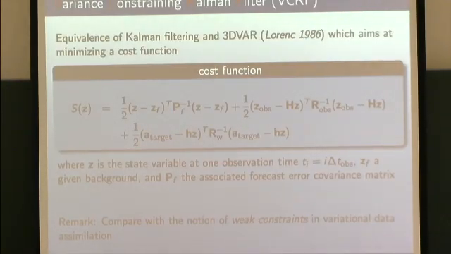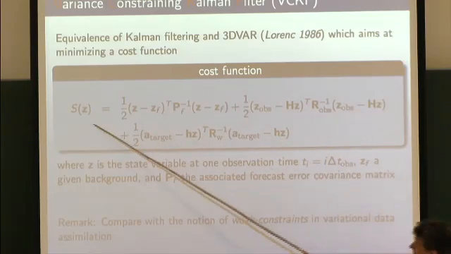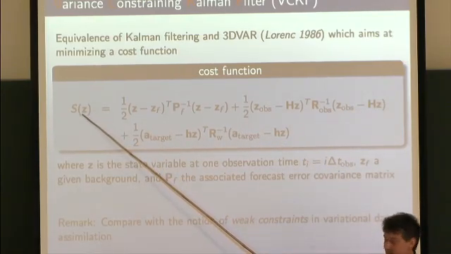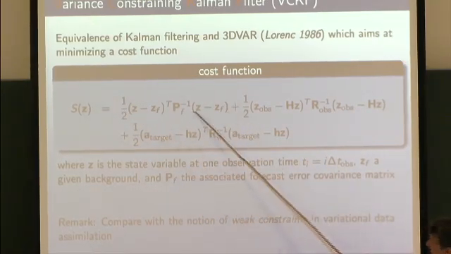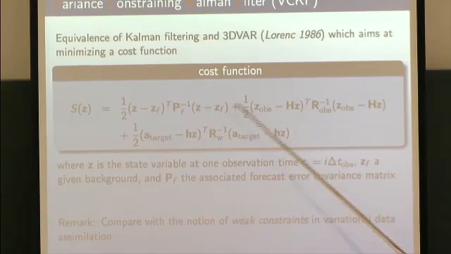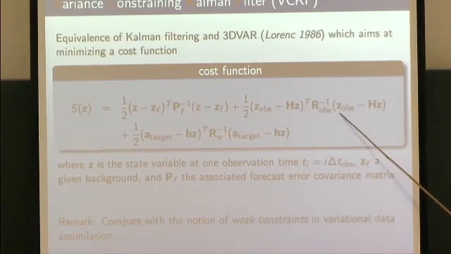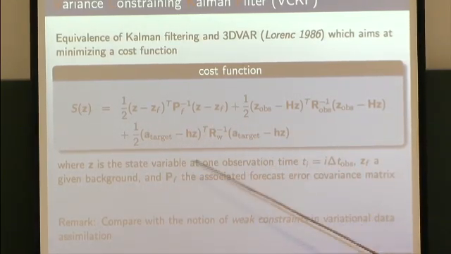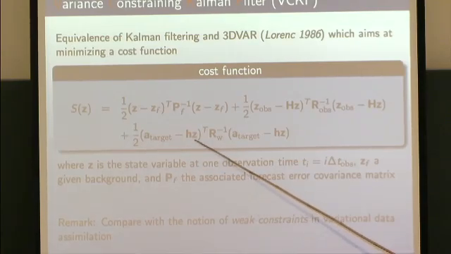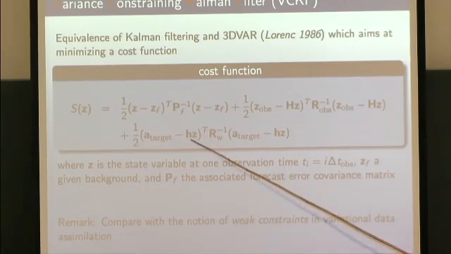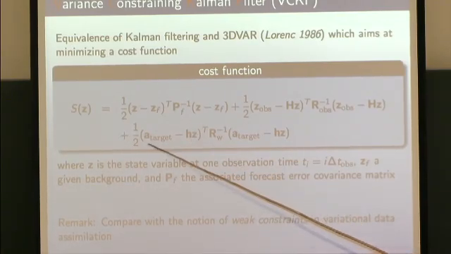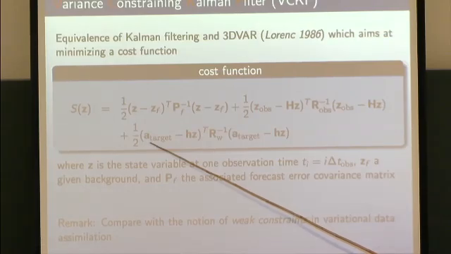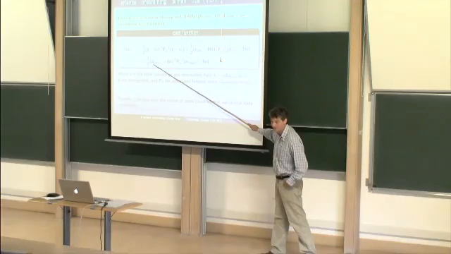So we do exactly what we had before. We introduce a cost function that we then want to minimize. This bit here is our old friend from the forecast. This is our old friend from the observations that we encountered just before. And this is the new bit, which measures the difference between the pseudo-observation operator on Z and the specified climatic mean of our pseudo-observables.